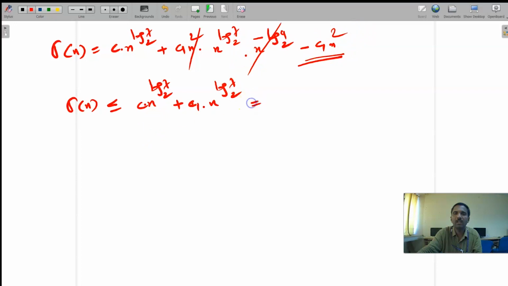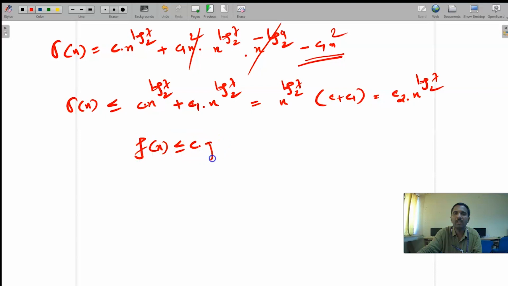Now commonly taking n power log 7 base 2, we have the quantity c plus c1. This is another constant c2 into n power log 7 base 2. Now this is in the form of f of n is less than or equal to c into g of n for all n greater than or equal to n0.